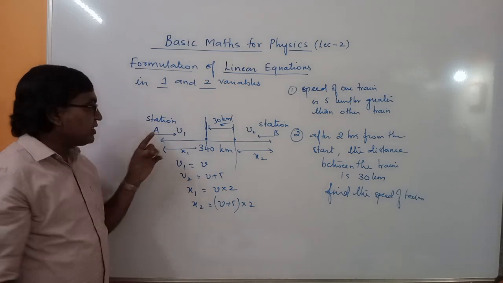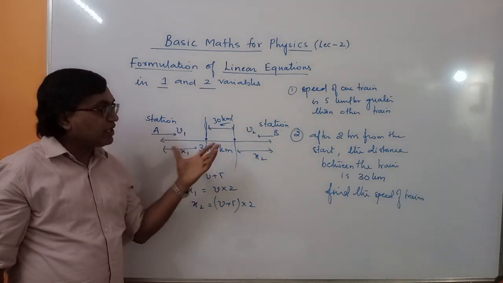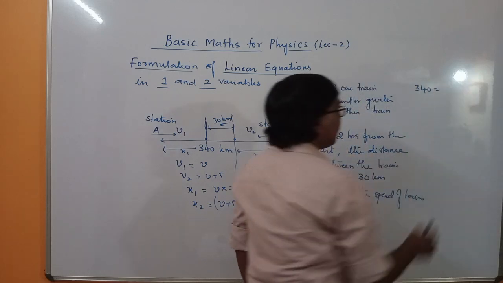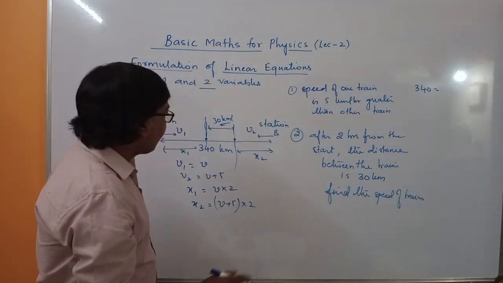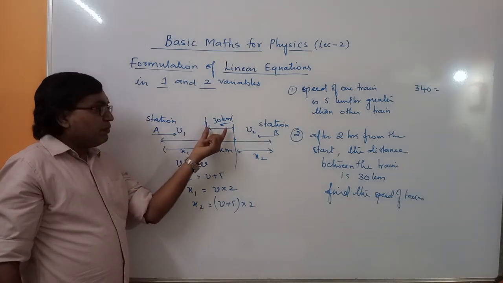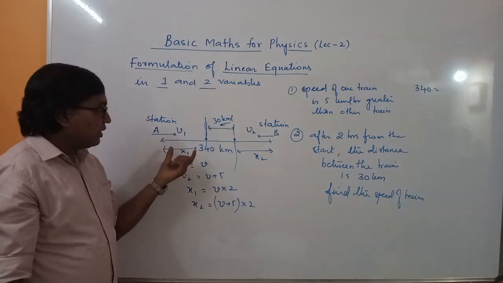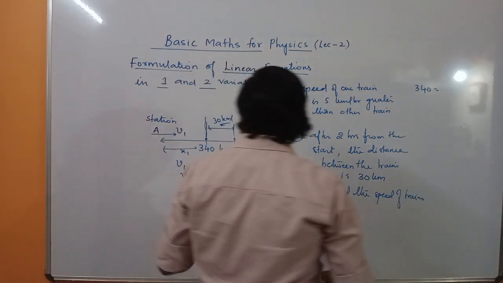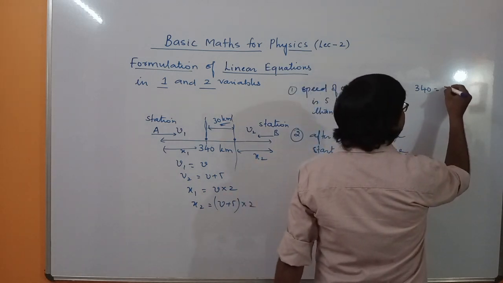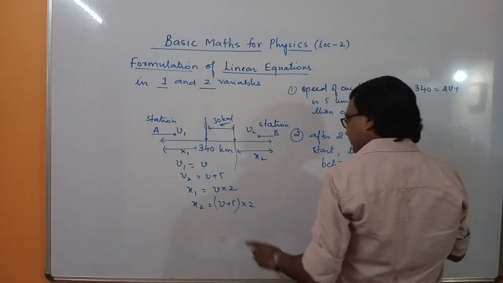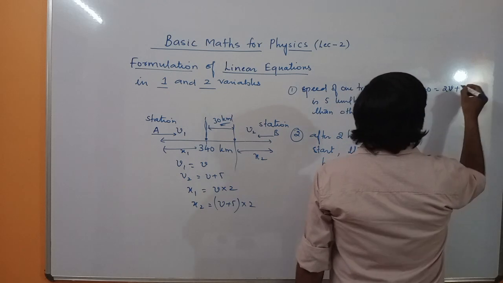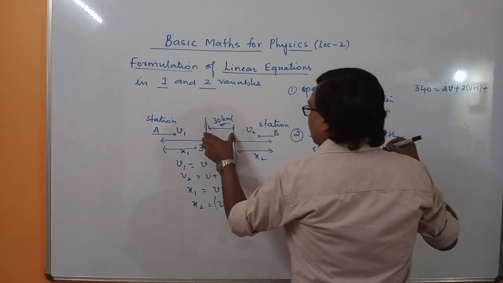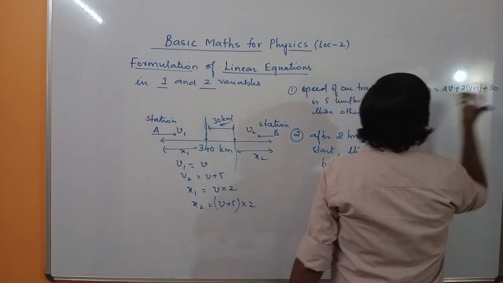Now the total distance between points A and B is 340, and that must be equal to x1 plus 30 plus x2. So x1 is 2V, plus x2 is 2 into (V plus 5), plus this distance of 30 kilometers.